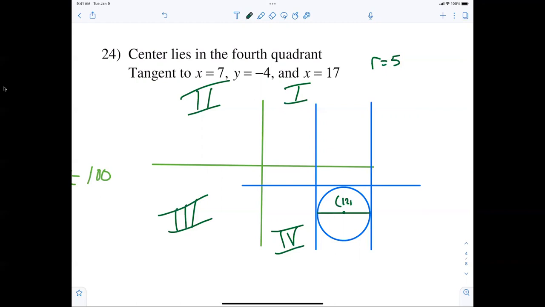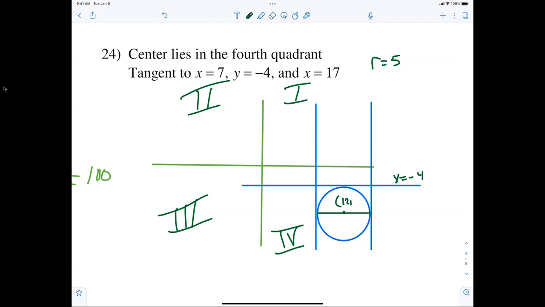All right, now, if this is y equals -4 and it's tangent, that means it's got to be 5 units away from that, correct? If I go 5 units up, what's the problem with going 5 units up? It's not in the fourth quadrant. So I must go down. You must go 5 units down.